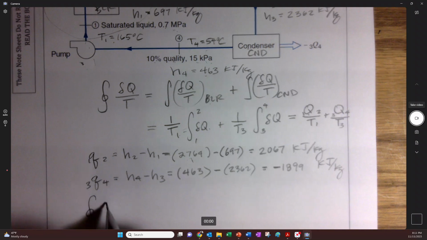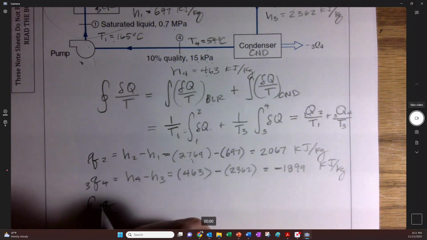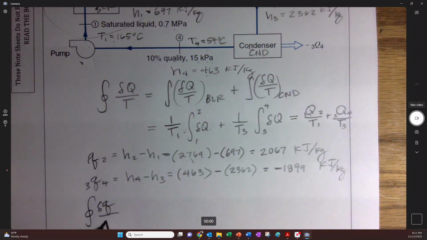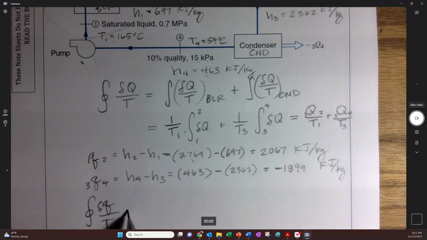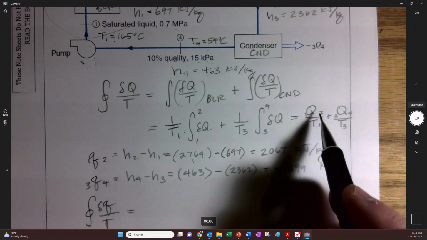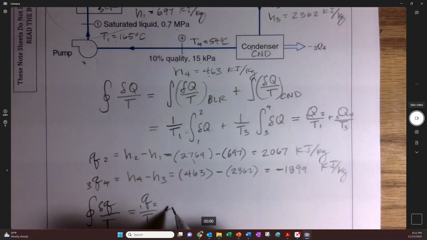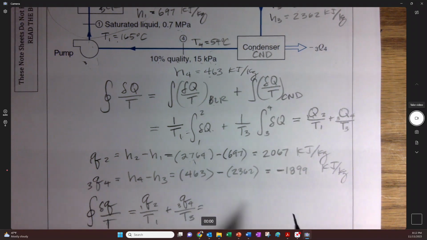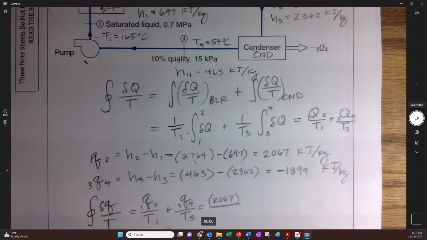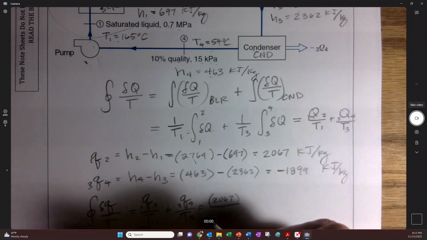So I'll rewrite this a little bit differently. Here's our statement of Clausius right here: Q1 to 2 over T1 plus Q3 to 4 over T3. And so that's 2067. Now T1, you've got to remember, it's very important, to make it into Kelvin, absolute temperature.